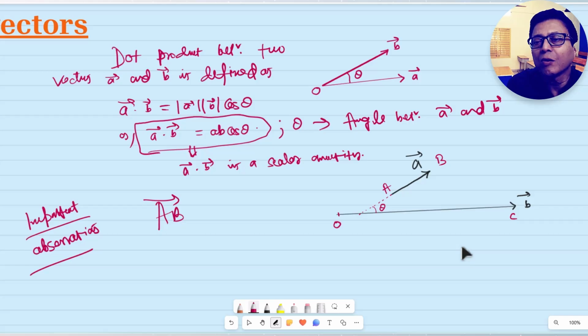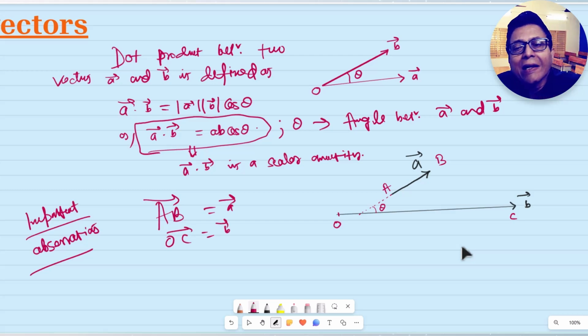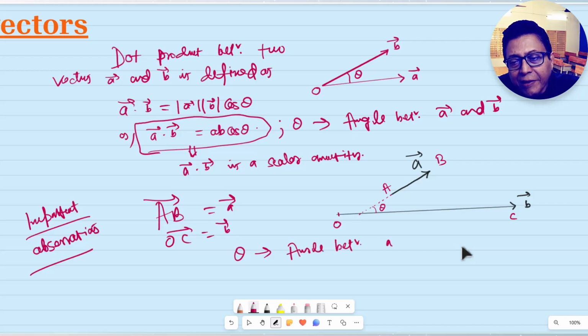AB vector is A, we have taken that. OC vector we have taken as B. And the angle I told you, theta. And we have produced this one backward to meet the vector B at this point, and we have taken theta as the angle between A and B.